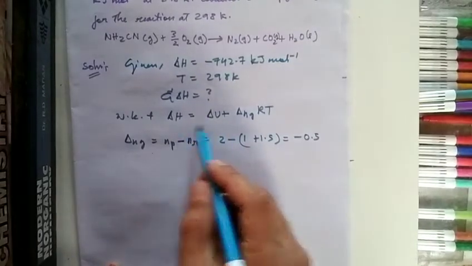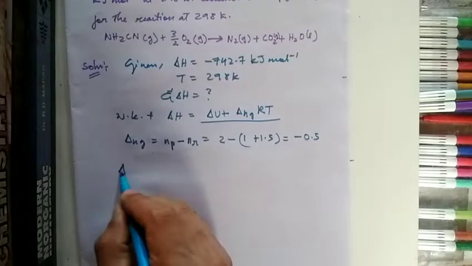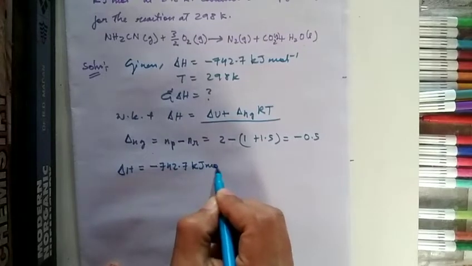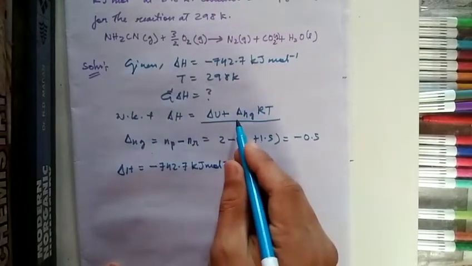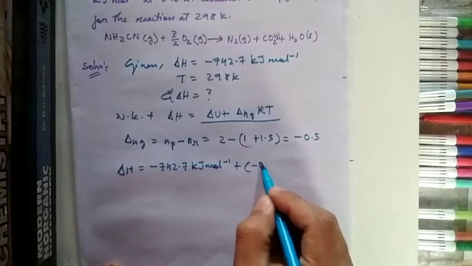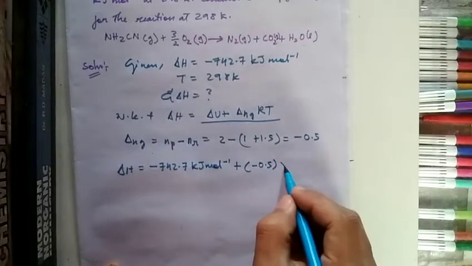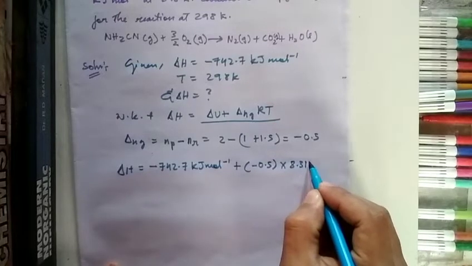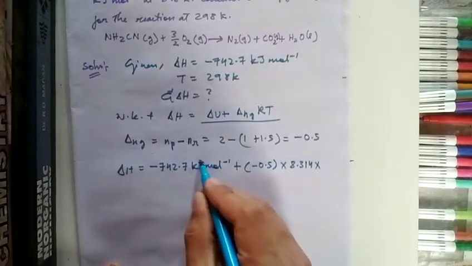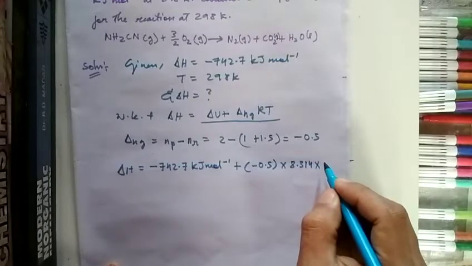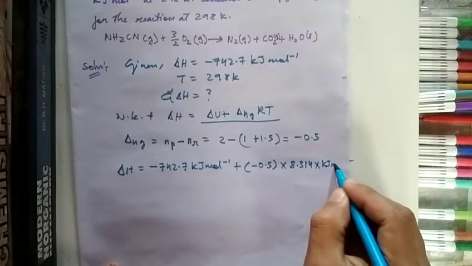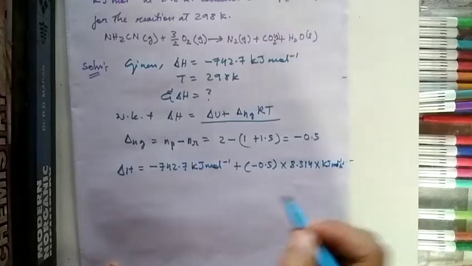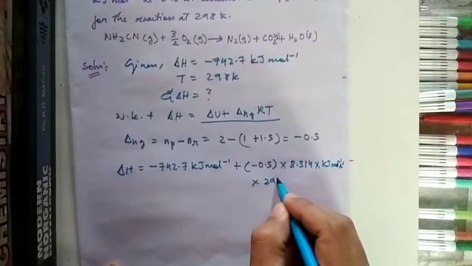Now we are going to add the values for this one. So delta H is minus 742.7 kJ per mole plus minus 0.5 times R. R is the universal gas constant, 8.314 times 10 to the minus 3 kilojoule per mole per Kelvin, into 298 Kelvin.